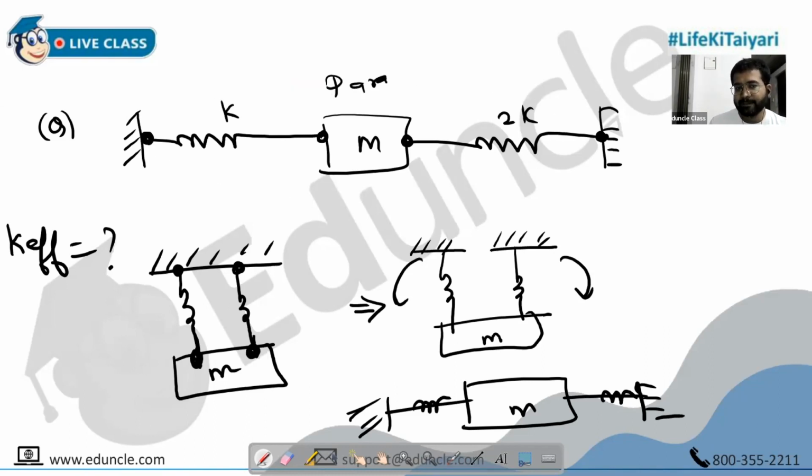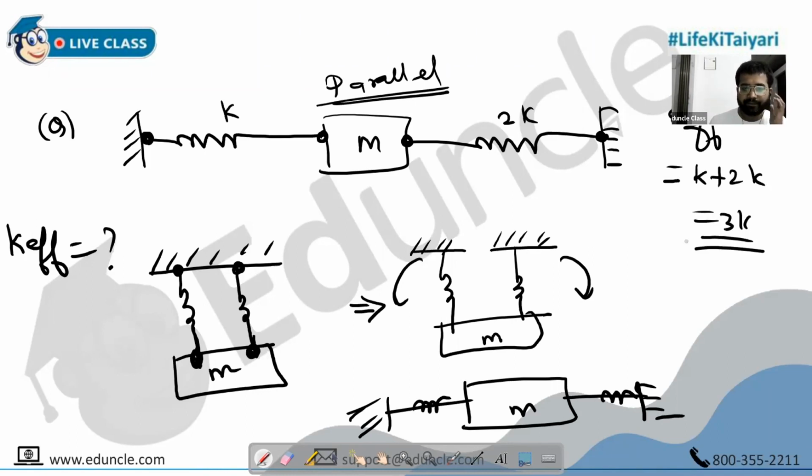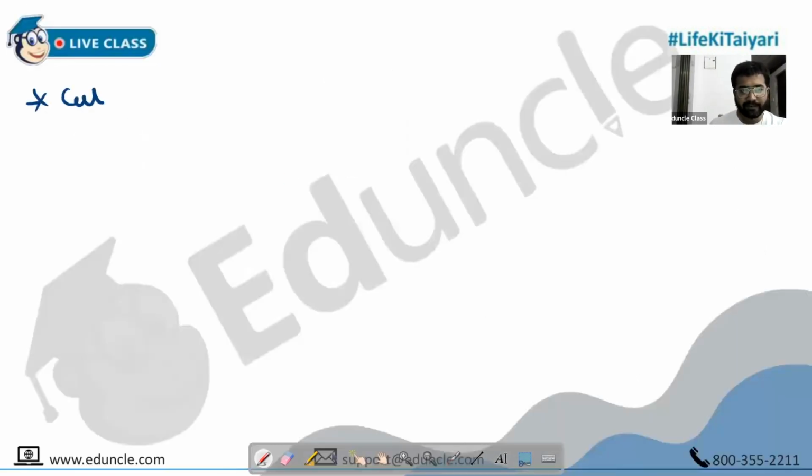This is parallel. Okay, and because these are in parallel, obviously you have to add them directly. So K plus 2K, this is 3K. Good. Okay. Understood. Proceeding ahead. Next is cutting of springs.